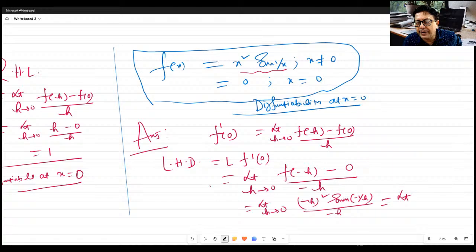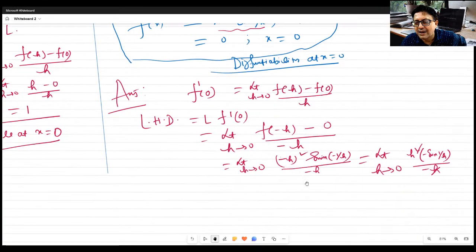So this thing is going to be limit h tending to 0, h square minus sine 1 by h by minus h. This to get cancelled. So this is now reduced to an ordinary limit problem.